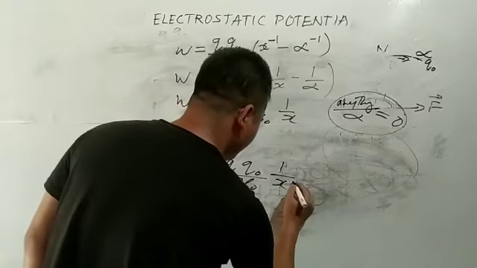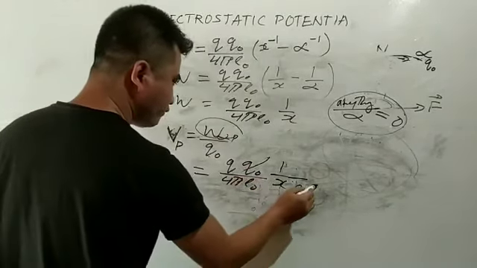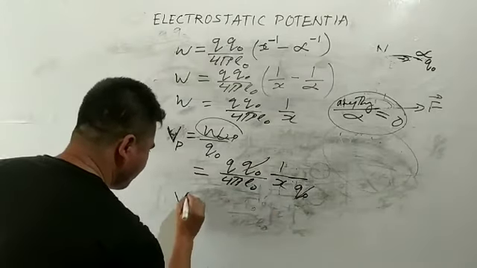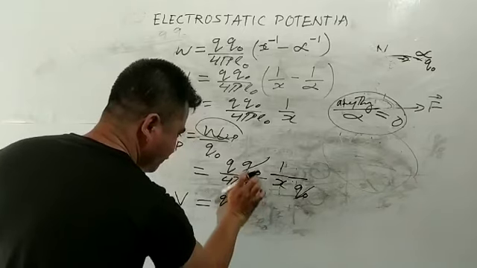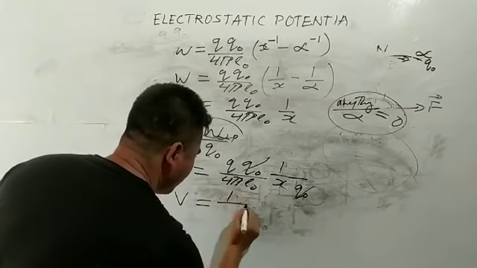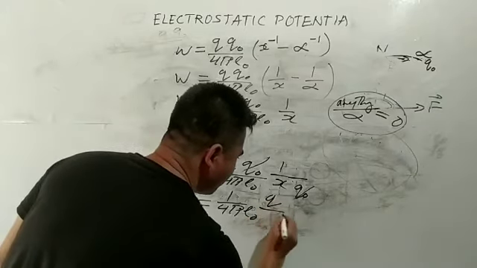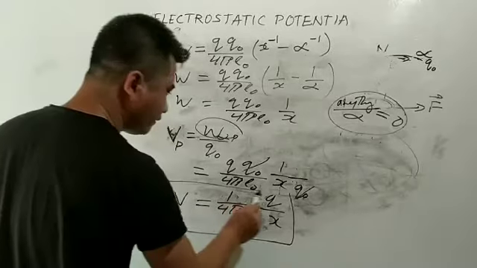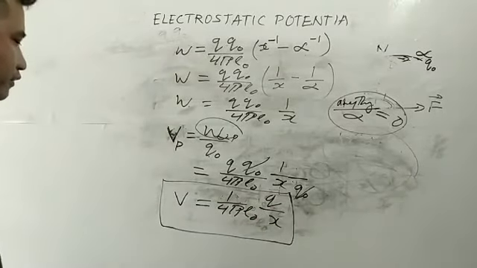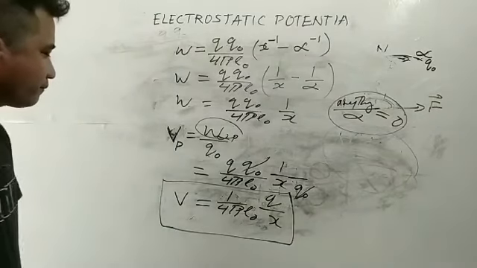This Q naught and this Q naught will cancel. So V is 1 by 4 pi epsilon naught q by x. This is the electrostatic potential at any point. Now here the point is at P.